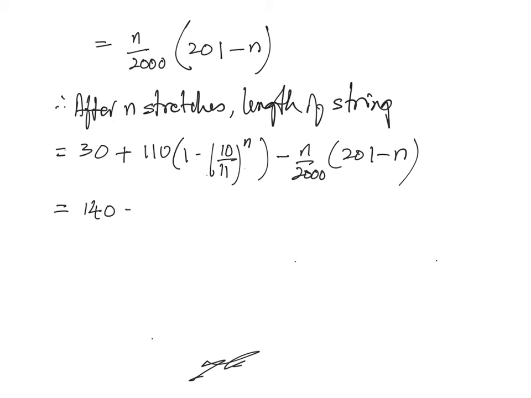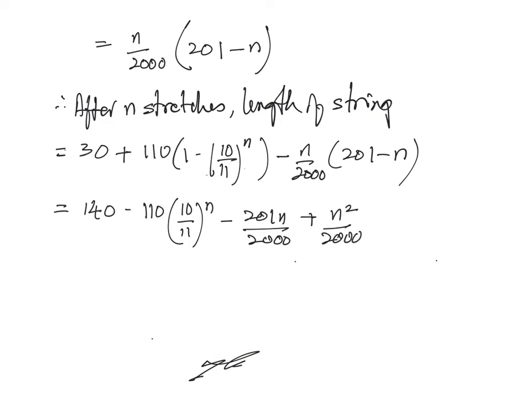Minus 110 into 10 over 11 to the power n, minus 201 n over 2000 and plus n squared over 2000. That's my answer if you simplify. Those without simplifying, you just stop here, you may lose 1 mark.